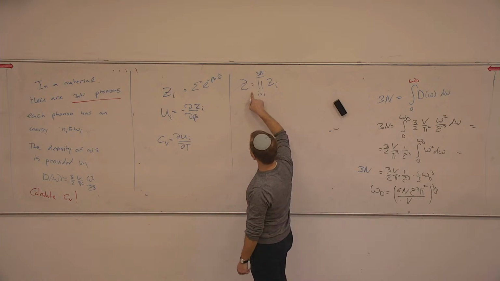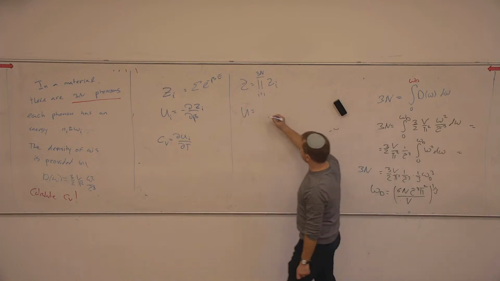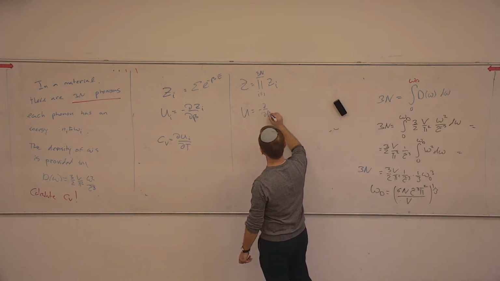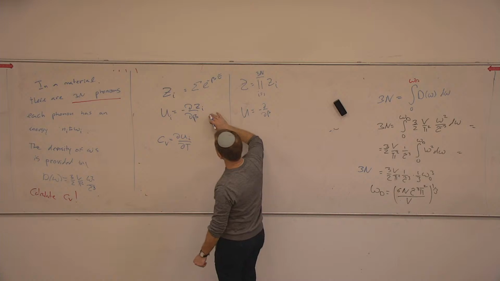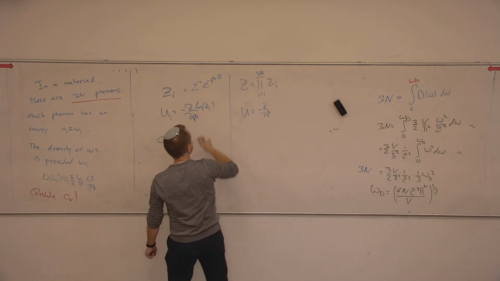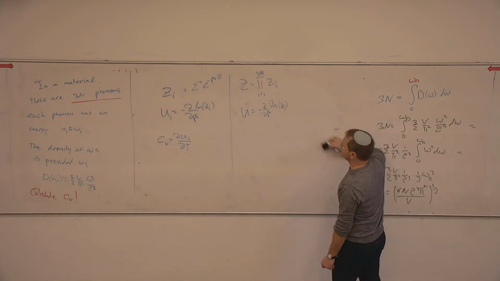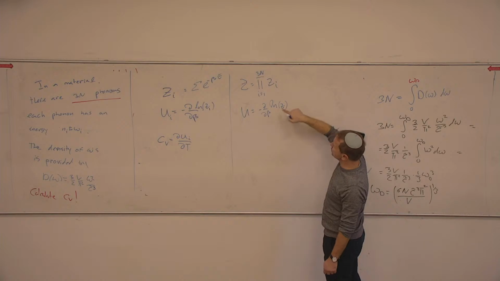Now, what will happen? U is going to be minus d/d beta of log of Z, right? Now, what is log of Z?